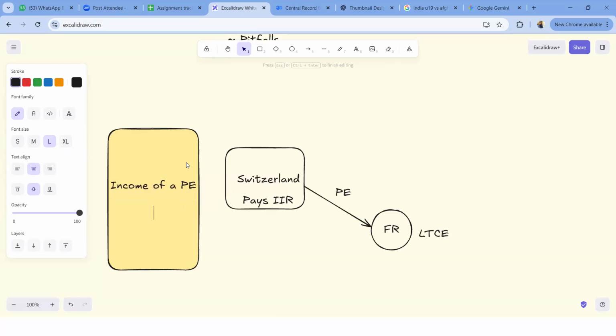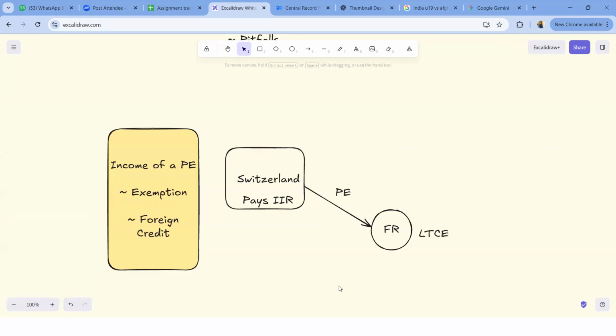Income of a PE may be taxed as, I would get a full exemption. So the PE location would pay taxes. It would again be taxed here, but treaties may give an exemption or a credit. Do you know? I think you already know all this. They'll give a foreign tax credit. Correct? Yes or no?